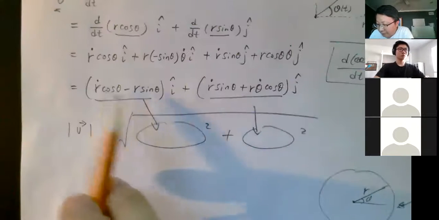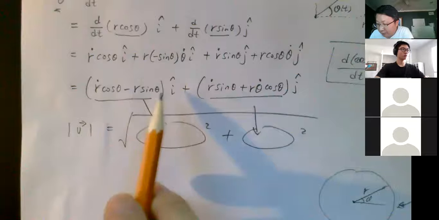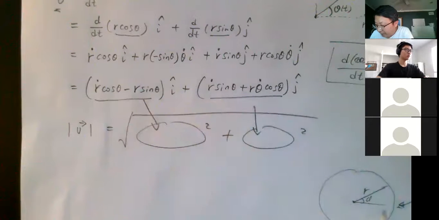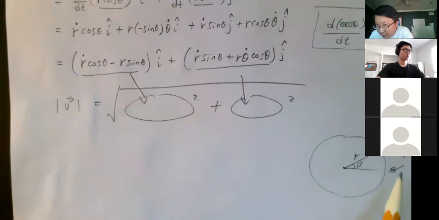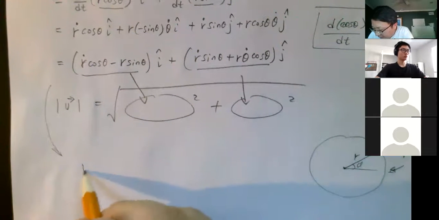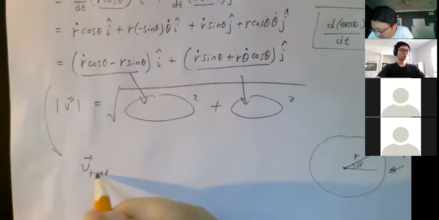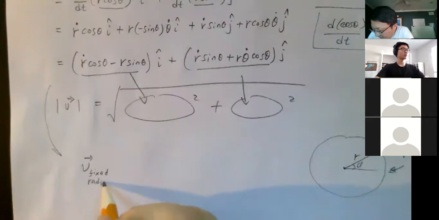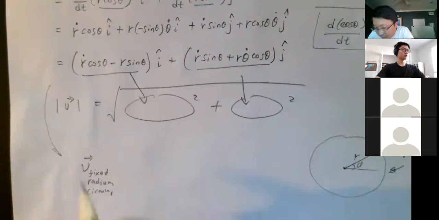So I have a radius varies case. Say I can vary anything here, but in the example here, R is fixed radius case. What does it reduce to? So this is a special case, fixed radius circular motion.